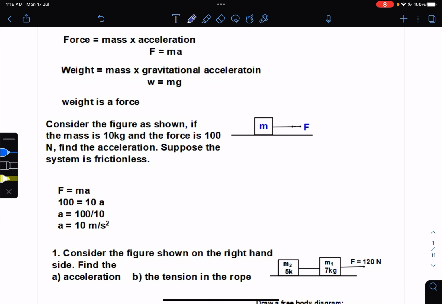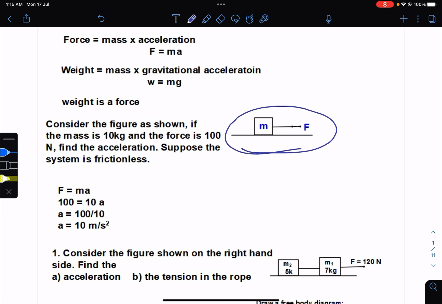Now let's look at some examples. The first one is the easiest one, which is a block being moved by a force. Here the question says, consider the figure as shown.